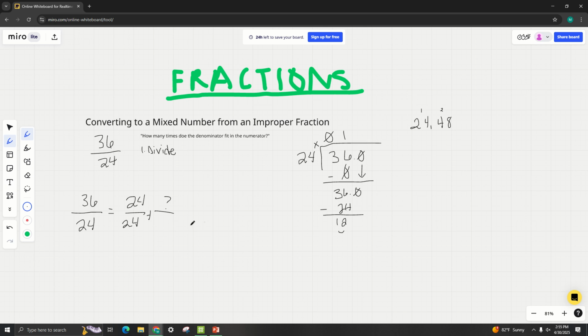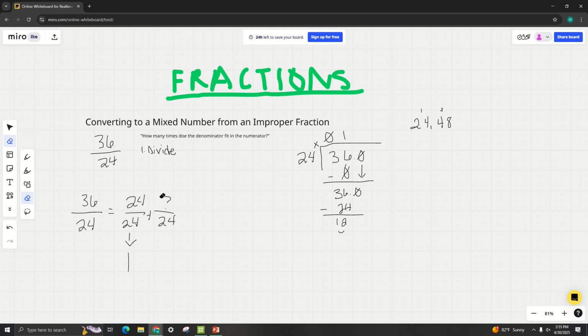Or 12 is what is left over, but we'll get back to that. Over 24. So we know as a part of our mixed number, we're going to have a whole number paired with a proper fraction. So we have our whole number part right here. We have an entire 1 from our 24 that we just took out of 36. And we had left over a 12.